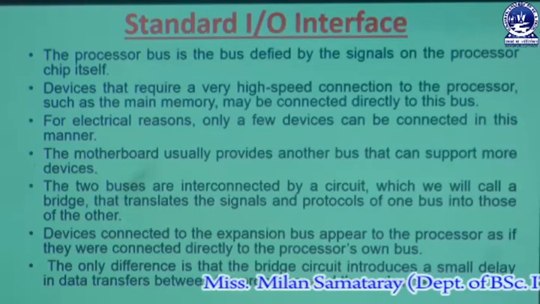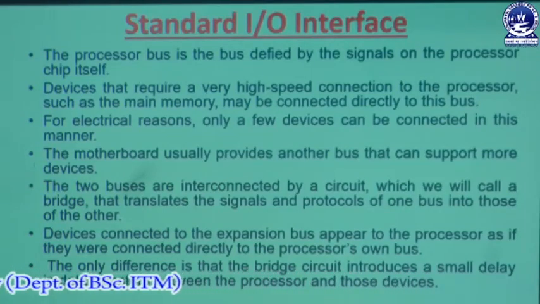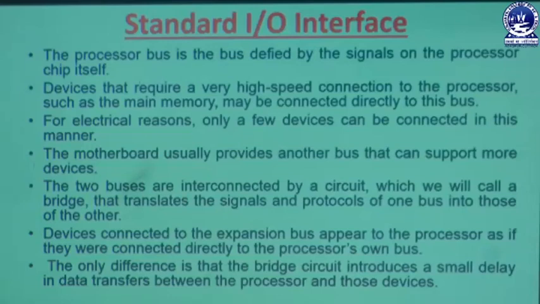So that is the one and only difference: the bridge circuit introduces some delay, while the devices connected directly to the processor bus, our high speed connections, avoid that delay. And this is the complete information about our I/O interface.